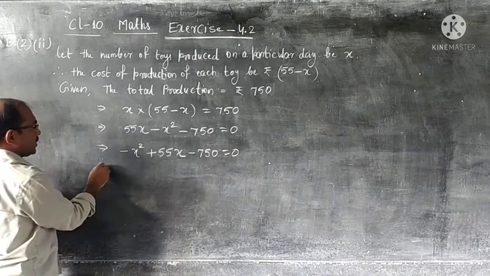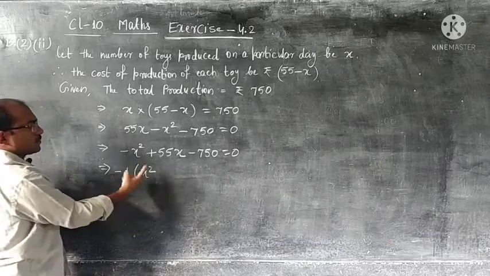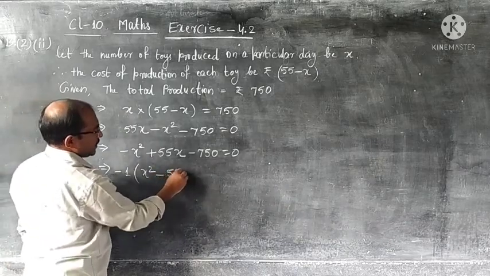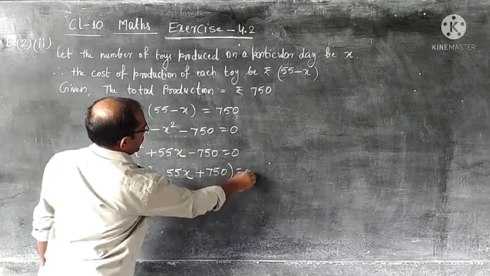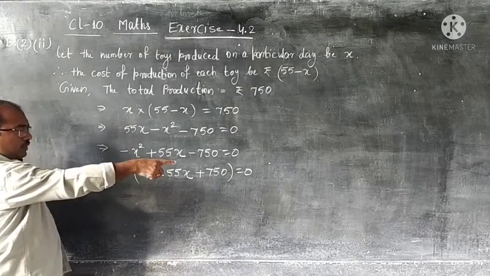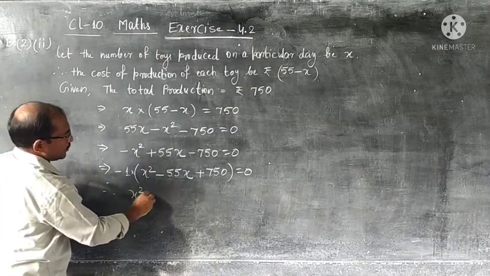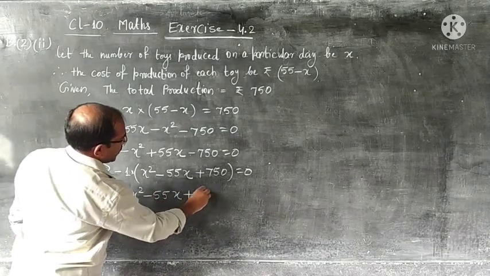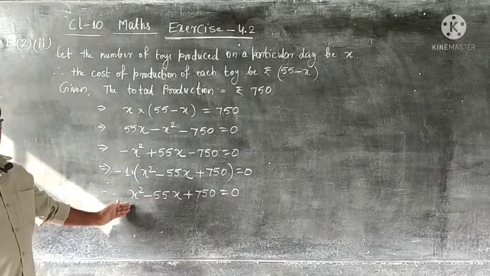The first term has a minus sign, so we take minus common to make the first term positive. Then the signs change: minus 55x plus 750 equals 0. Dividing by minus 1, the RHS remains 0. Finally we get the quadratic equation x square minus 55x plus 750 is equal to 0.